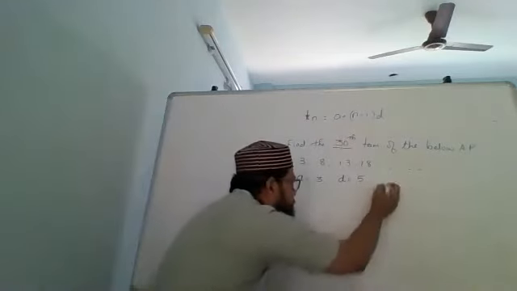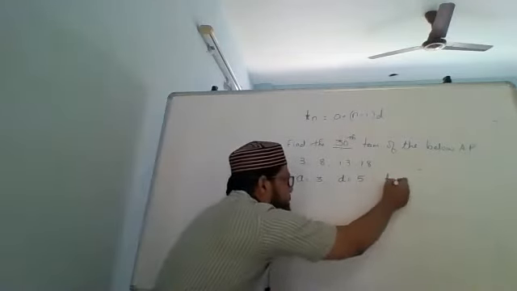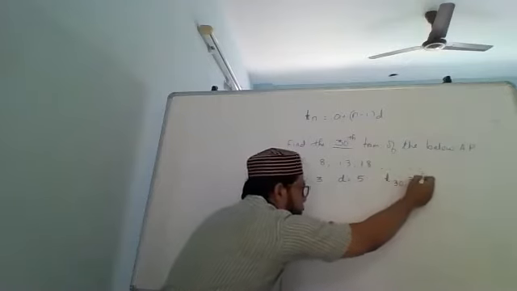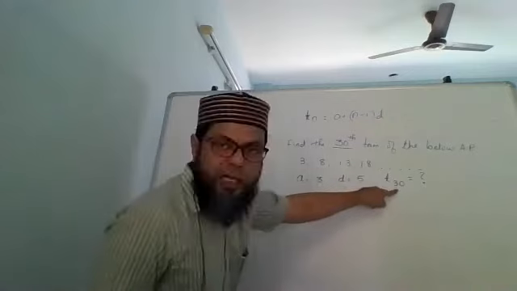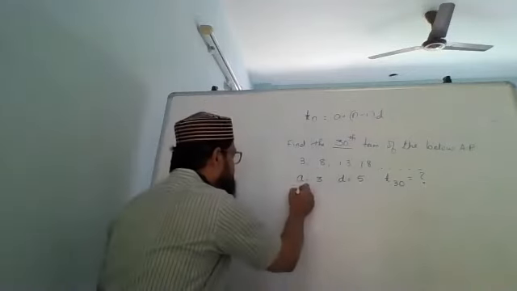That means I have to find T. That is what I have to find, simple. Now if this is the 30th, that means n is given to me.